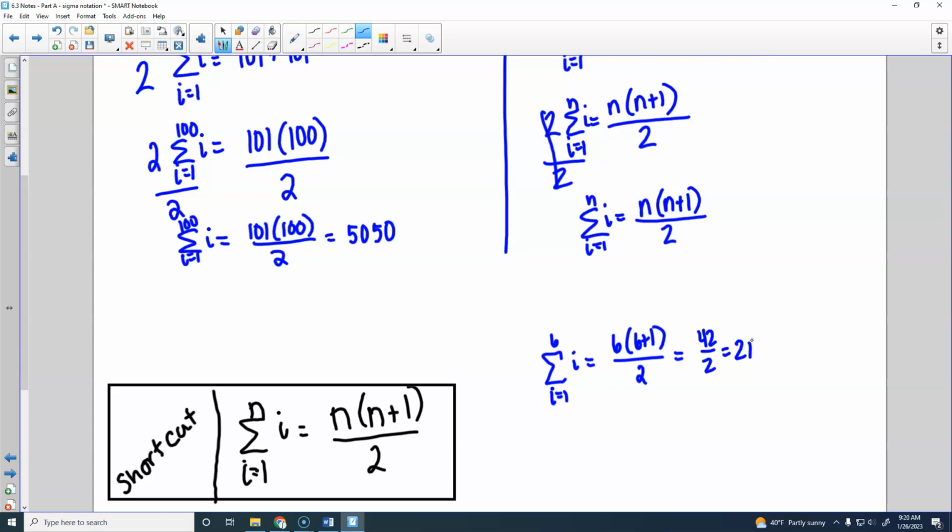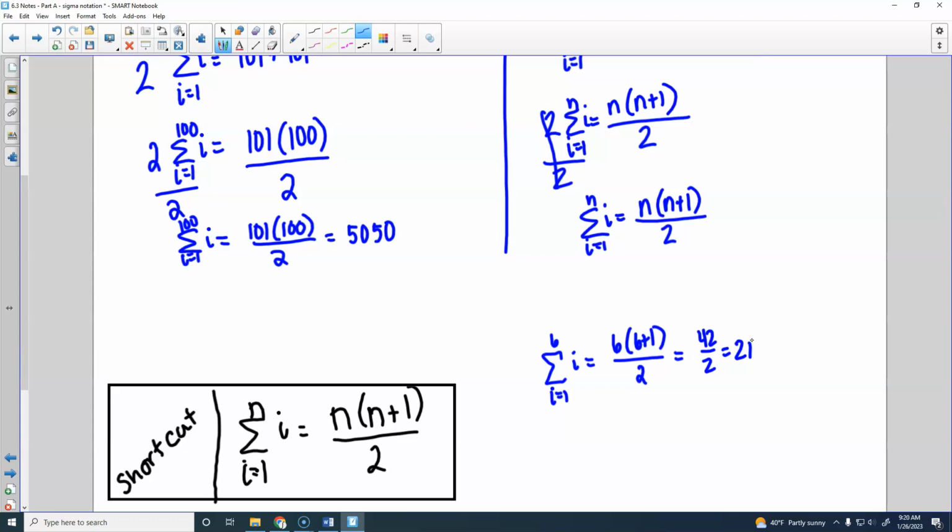Now, it's probably not that much faster for just going from 1 to 6, right? But if I needed the sum from 1 to 275, the shortcut rule would definitely be faster than typing into your calculator 1 plus 2 plus 3 plus 4 plus 5 all the way up to 275. Plus, if you're typing that manually into a calculator, you're probably going to mess something up between 1 and 275.